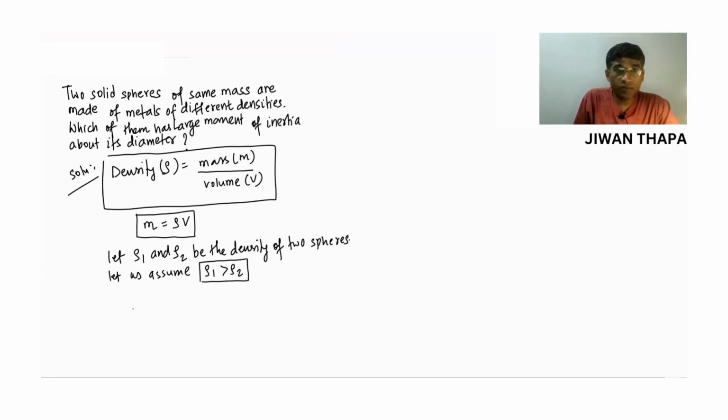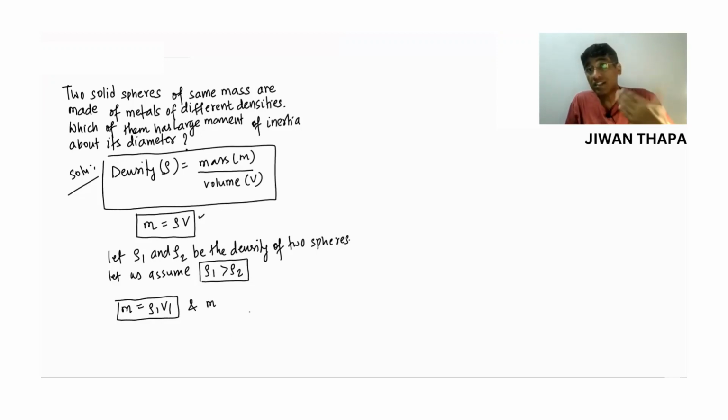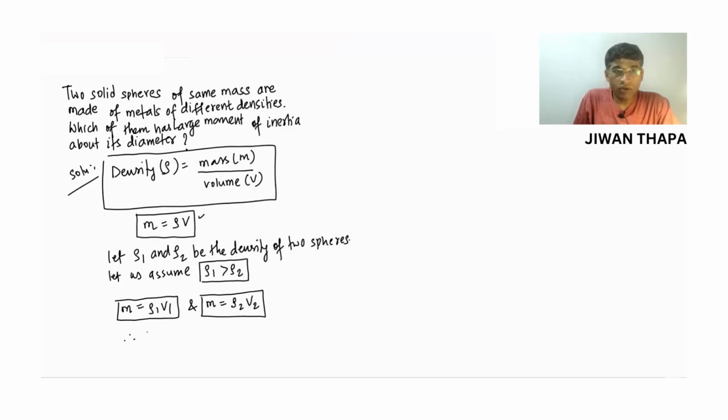So for first sphere, we have M equals, from this relation, rho 1 V1, and we know mass is same. And for second sphere, we have M equals rho 2 V2. Now since mass is same, therefore rho 1 V1 equals rho 2 V2.